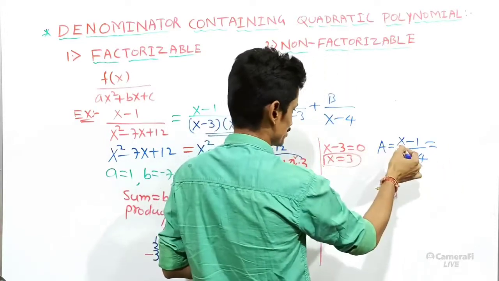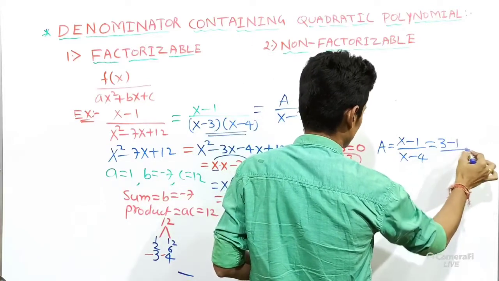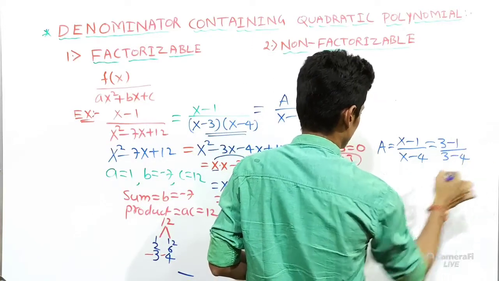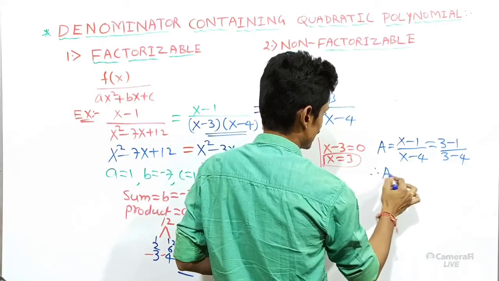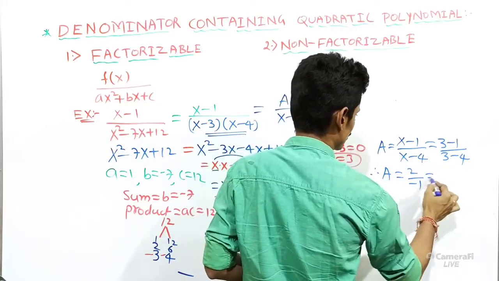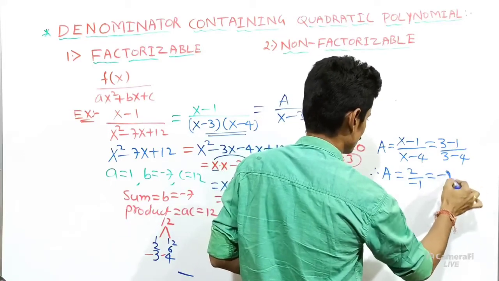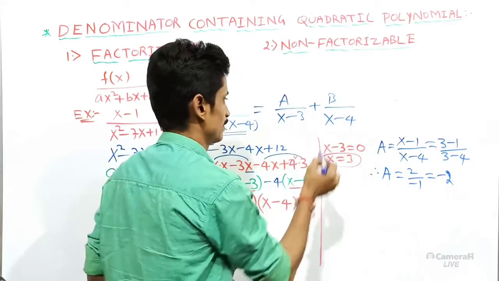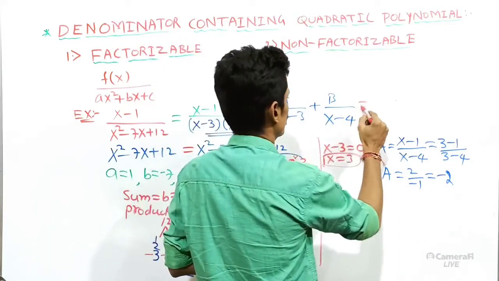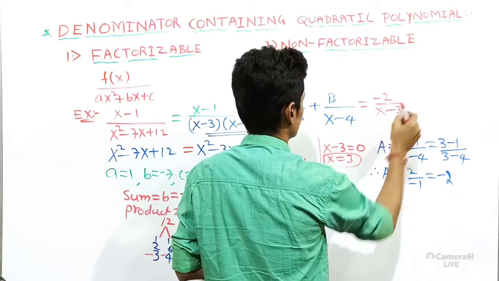It means just replace x by 3, hence it is 3 minus 1 upon 3 minus 4. Therefore a is equal to 2 divided by minus 1, which is minus 2. I got the value minus 2 divided by x minus 3.